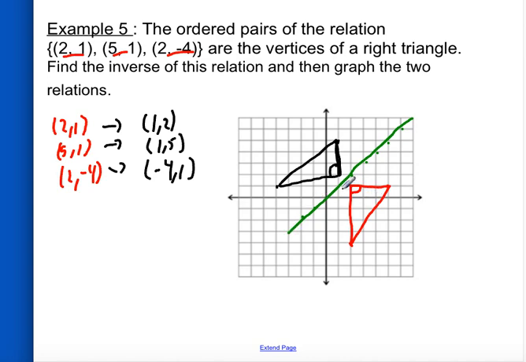The inverse is just reflected over that line. This point is reflected over this line, and you can see this point here is reflected over here, which means the x's and y's are just swapped because the line is y equals x. We just reflect them over, and that's its inverse. These are the ordered pairs of the inverse function.